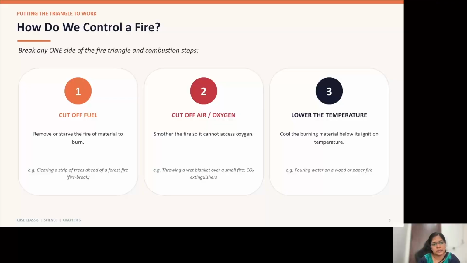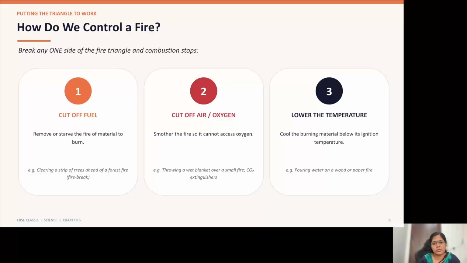And the third method is lowering temperature. So here for lowering temperature mostly water is used, but in a few cases you shouldn't use water. I'll tell you in detail. Water is the most familiar agent, but water is not safe for every fire type. Examples like electrical fires, because water is a good conductor.